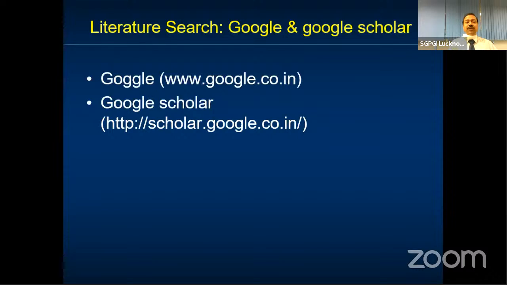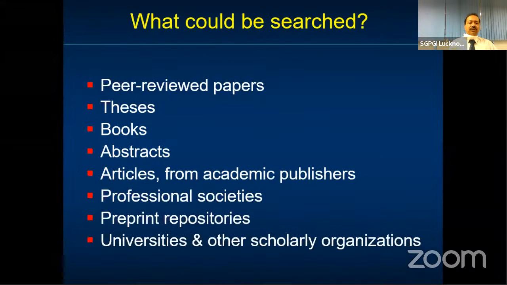If I'm doing a literature search using Google, a lot of company advertisements, shop advertisements, and other things which I do not want as a scholar will come up. I am interested only in scholarly literature. So when you want to search for scholarly literature, you just search Google Scholar and this will give you scholarly literature. It will give you peer-reviewed papers.